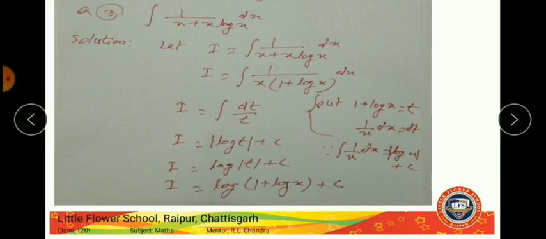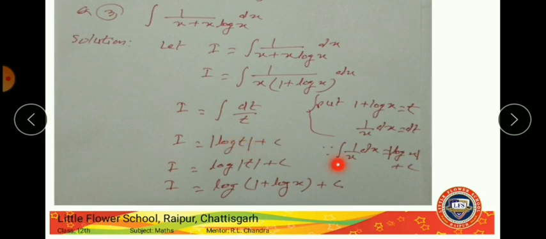Here I is equal to the integral of dt upon t. Substitute 1 plus log x equal to t. Then I is equal to the integral of 1 upon t, which is log t plus c.